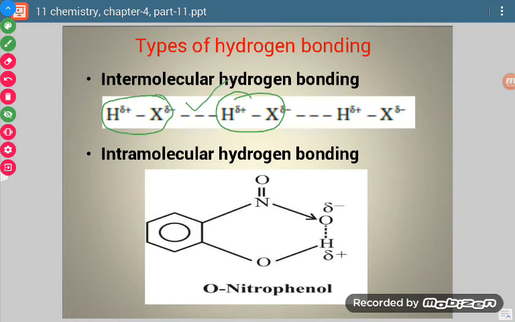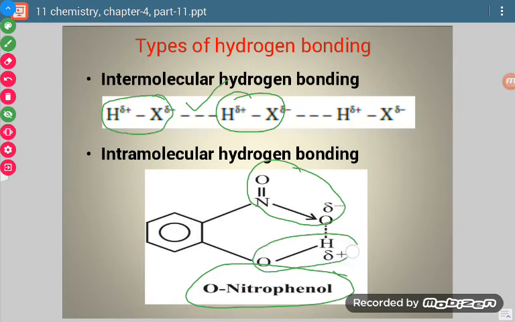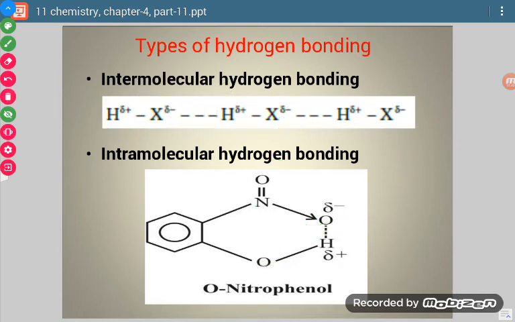Intramolecular means when there is only one molecule present and within the molecule itself there is formation of hydrogen bonding. Just like if we take this example, there is presence of these two groups, one is NO2 group and another is OH group. So this O and H undergo formation of hydrogen bond. So it becomes intramolecular hydrogen bonding.